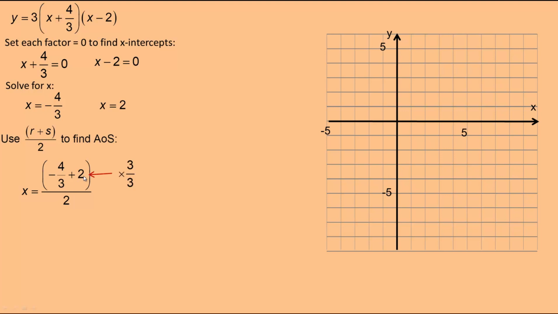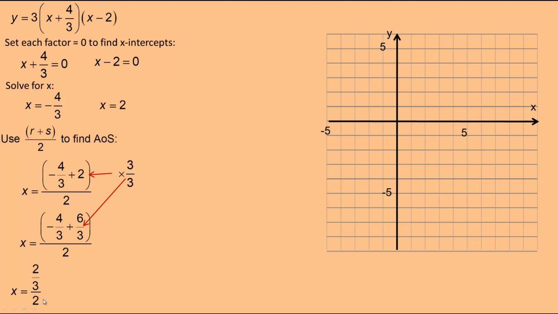So I'm going to multiply that 2 by 3 over 3 to get a common denominator. So the 2 becomes 6/3. 2 is the same as 6/3. If I add these together, negative 4/3 and 6/3 add to 2/3. Negative 4 plus 6 is 2. So that's the 2/3. This 2 is the 2 in the denominator here.